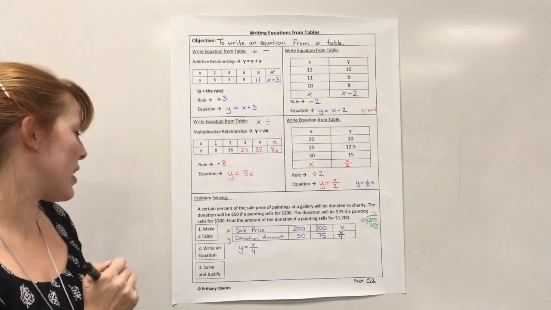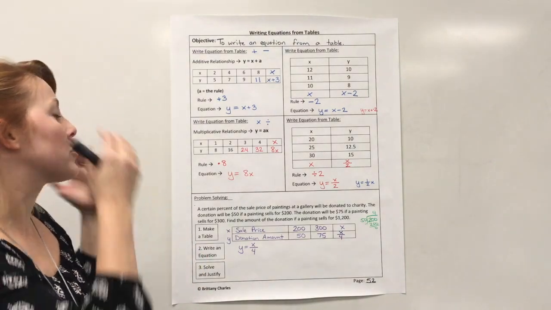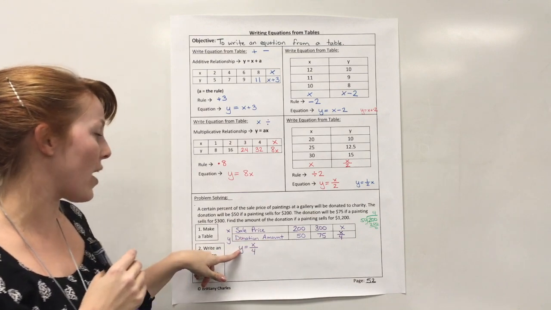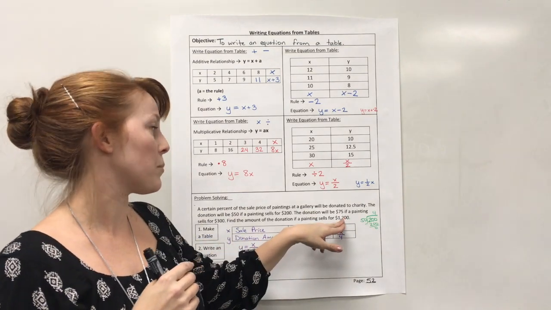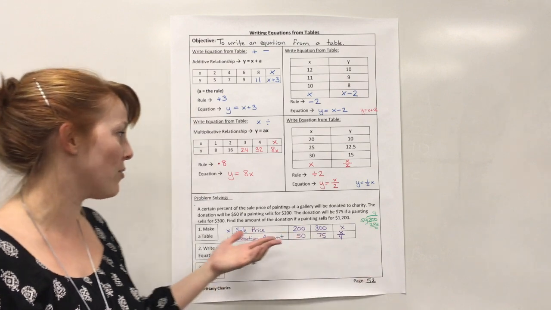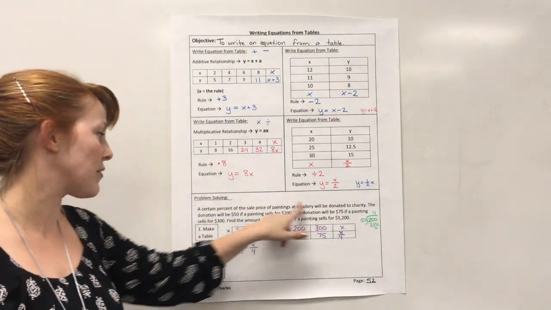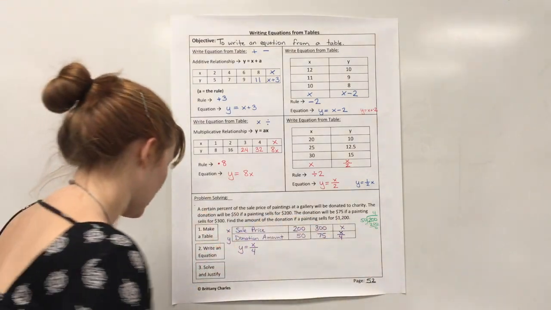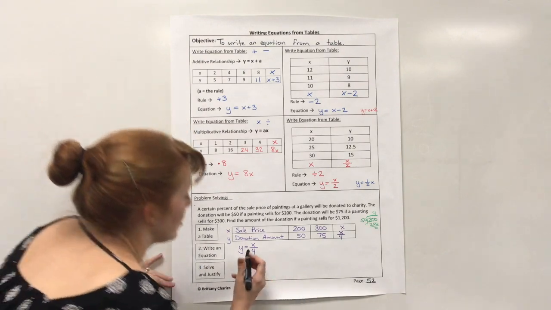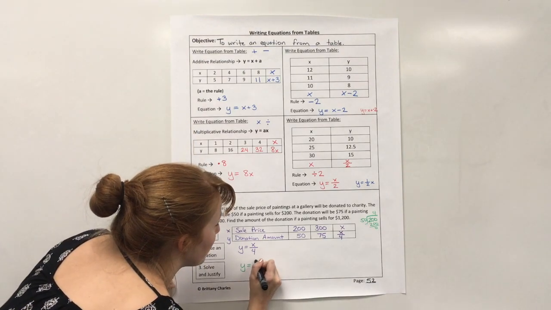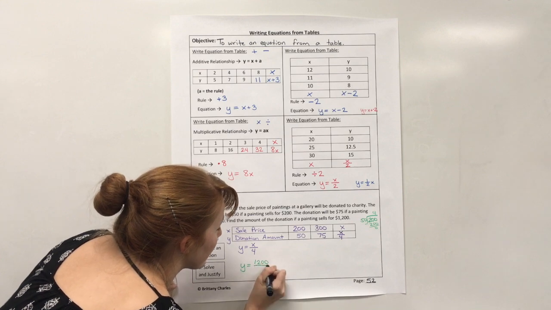Okay, now it wants to know how much the donation will be. So I want to know what y is going to be when x, or the sale price, is 1,200. Well, now, since this is my x, all I have to do is plug it in and solve. So let's do that. So y equals 1,200 divided by 4.